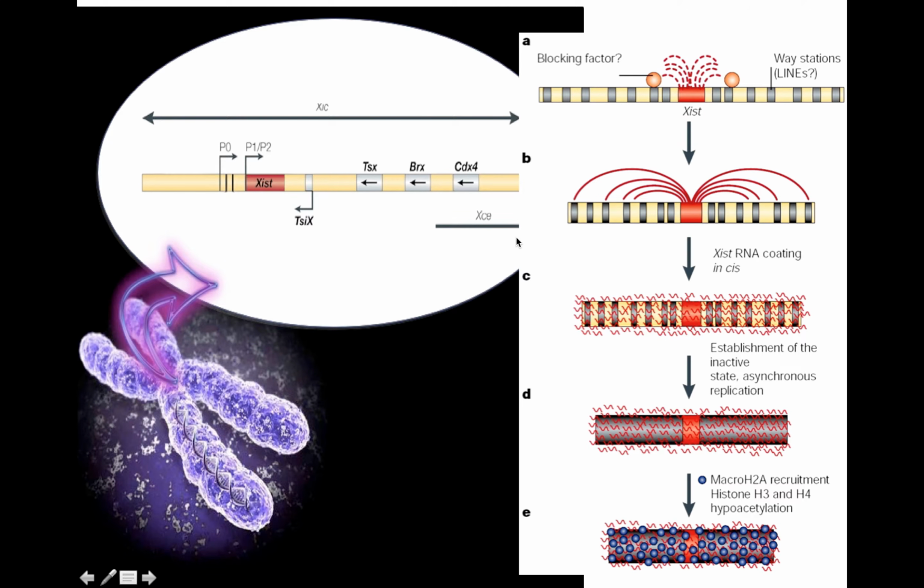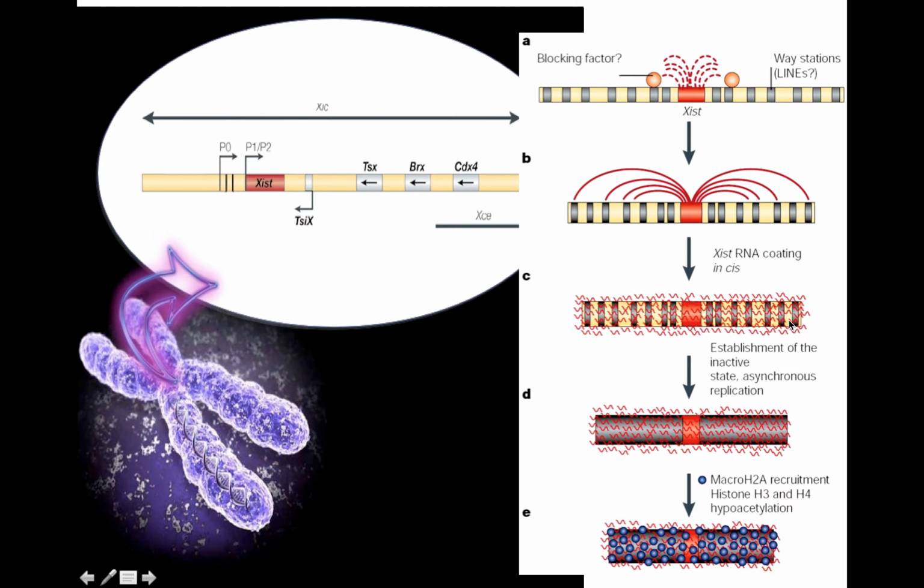What's the mechanism for turning one of the X chromosomes into heterochromatin? Well, it has to do with the Xist gene that exists in a locus on the X chromosome called XIC. The Xist gene produces RNA that binds to different loci on the chromosome itself.